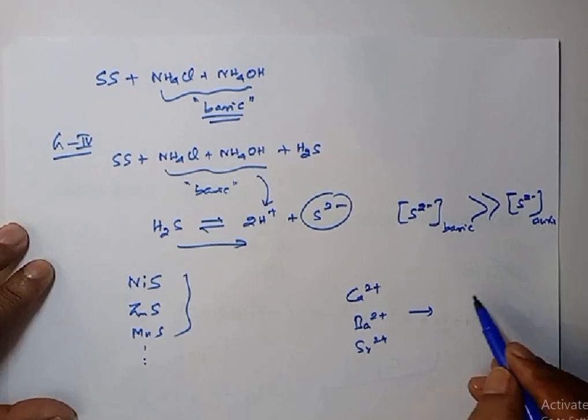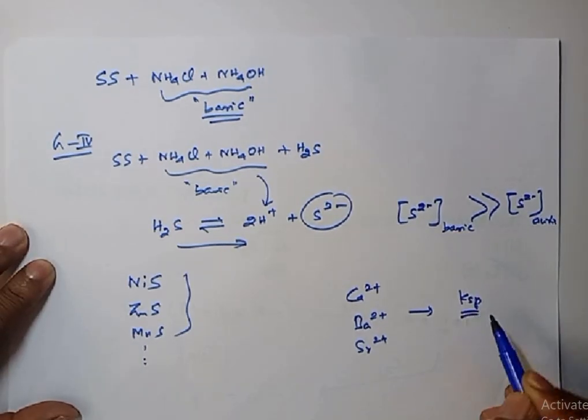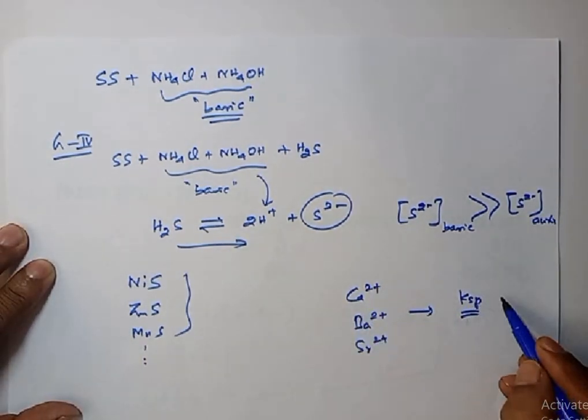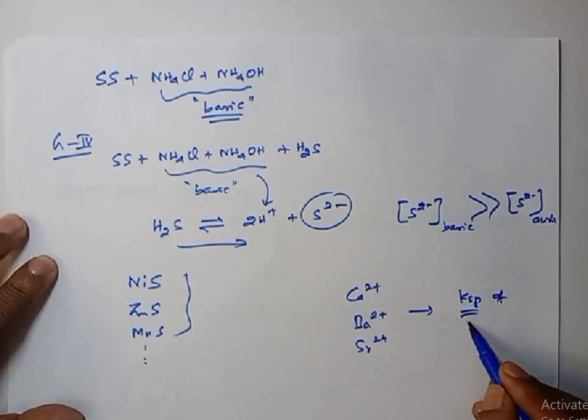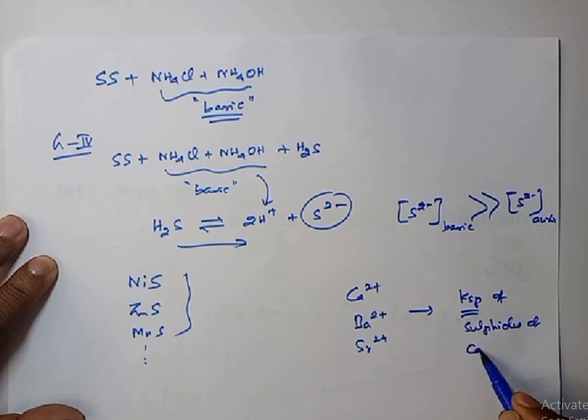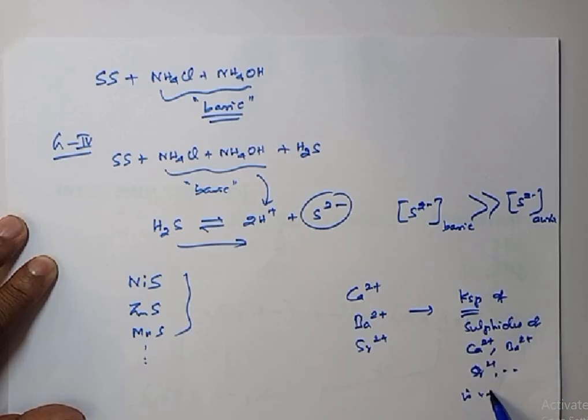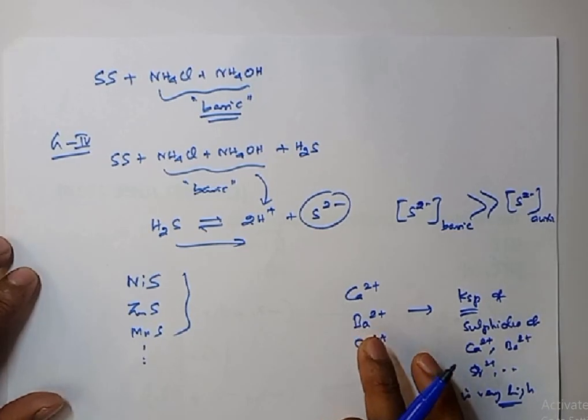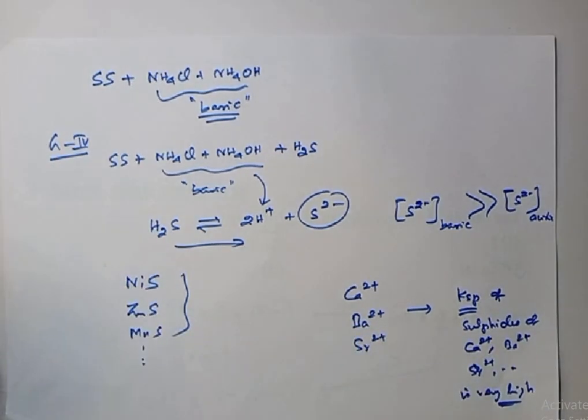The reason is that the solubility product values, the Ksp of sulfides of calcium ion, barium ion, strontium ion, etc. is very high. So these metal ions never form precipitate at the group 4 stage.